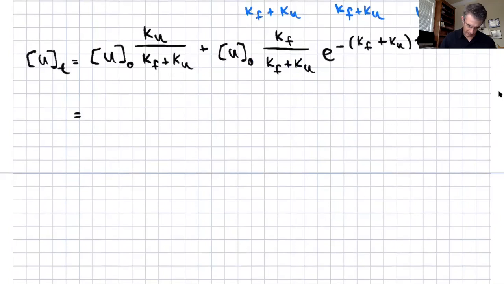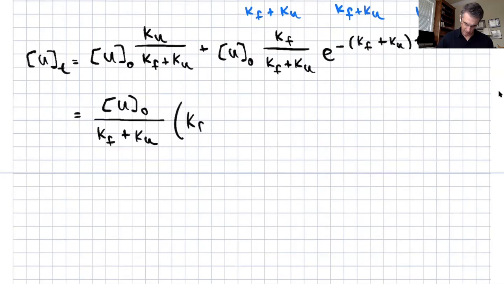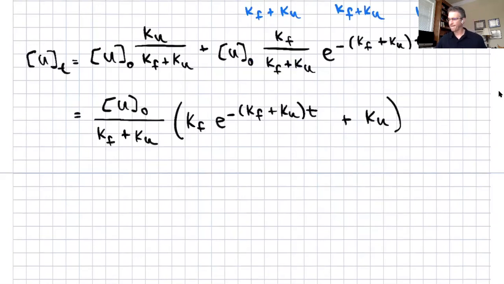That would be equivalent to saying, well, concentration of U at time 0 divided by Kf plus Ku, right, times Kf e to the minus (Kf plus Ku) t plus Ku, right?